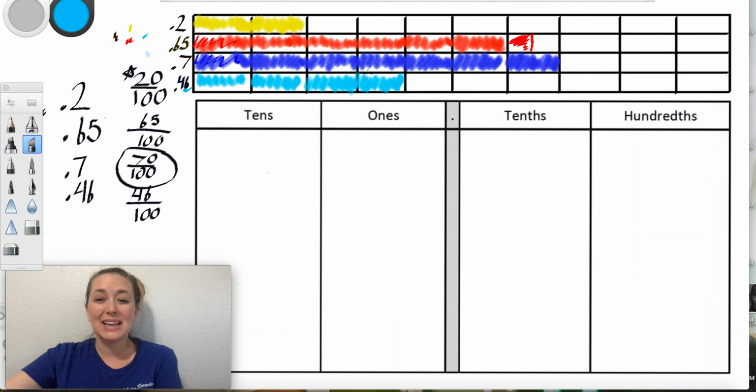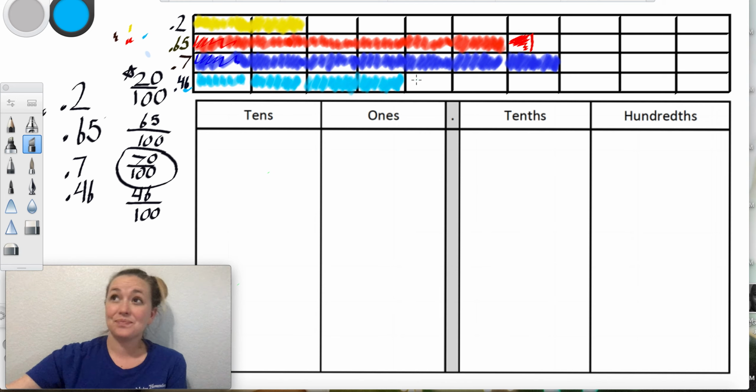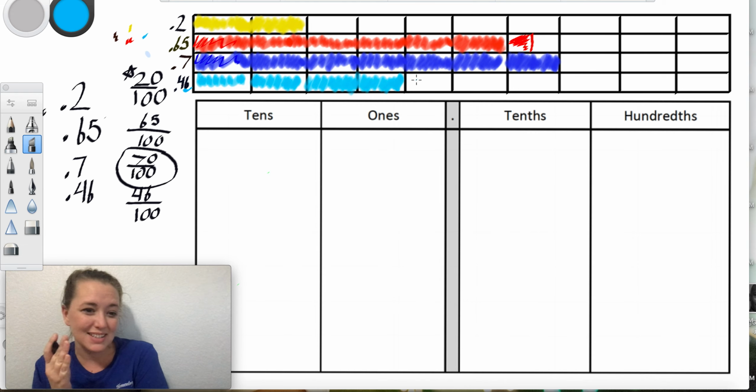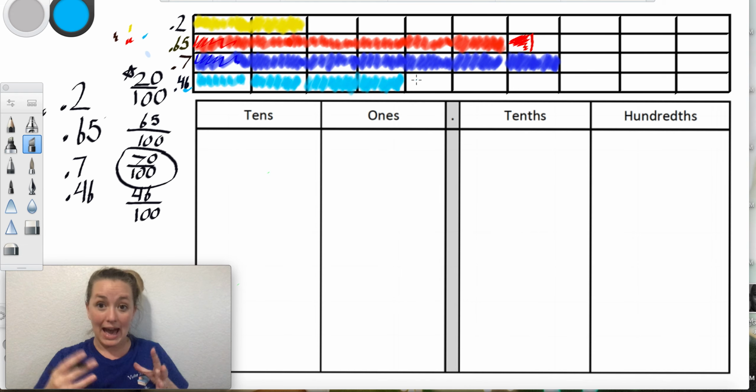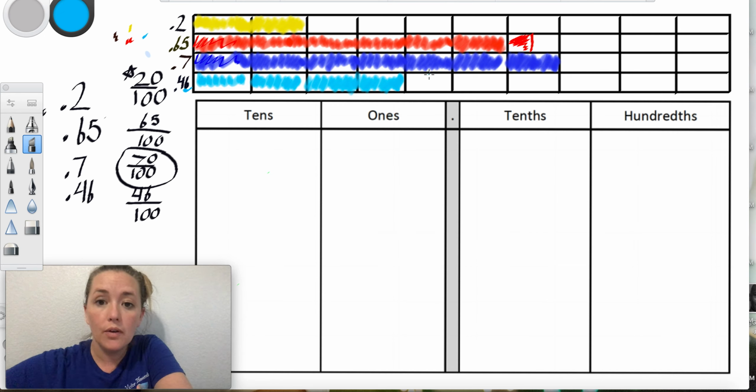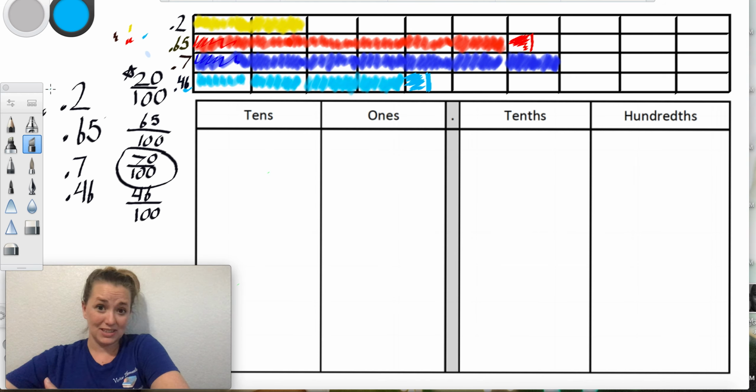Right now it doesn't really matter because all of our fractions and decimals are so far off. But again, I could think to myself, 6 hundredths is just a step further than my halfway point. So here's my half mark, and I'm just going to shade in right here. Okay, and I'll shade in the rest. And this right here is 46 hundredths.